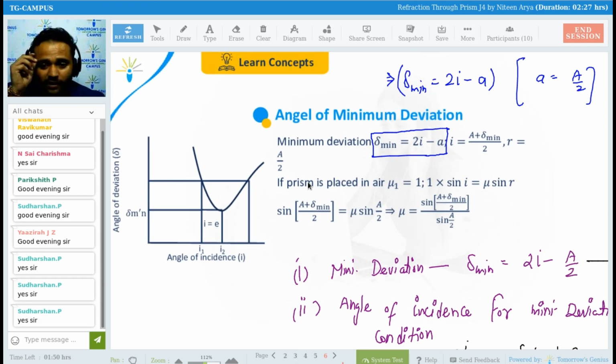Clear everyone? Now if the prism is placed in air, and in general it is going to be placed in air, isn't it?